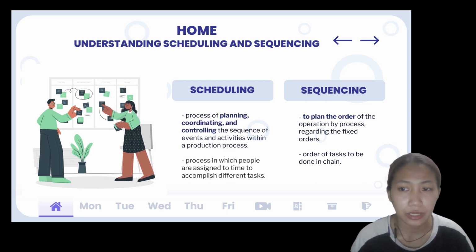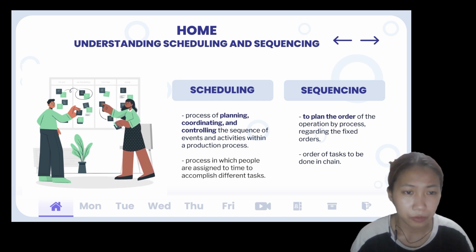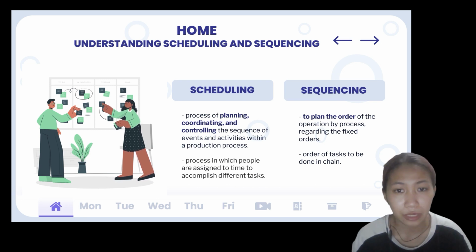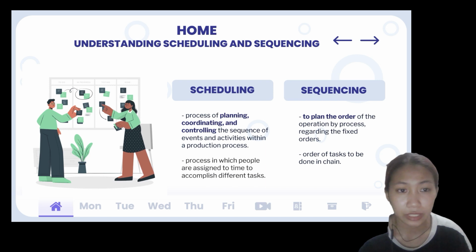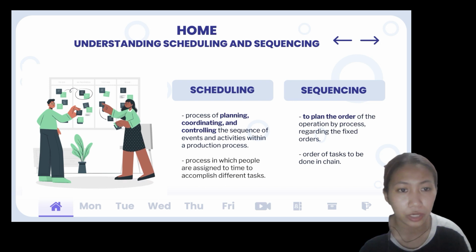And sequencing is to plan the order of the operation by process. That means it is a step by step on how you will achieve the scheduled tasks. It is the order of tasks to be done in a chain, so you will not be scattered all over the place when you are doing tasks.